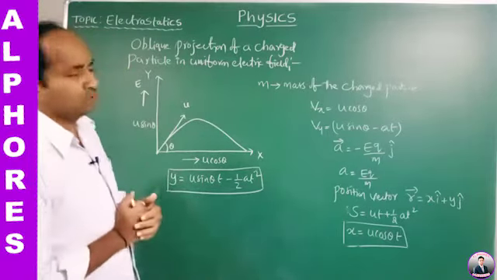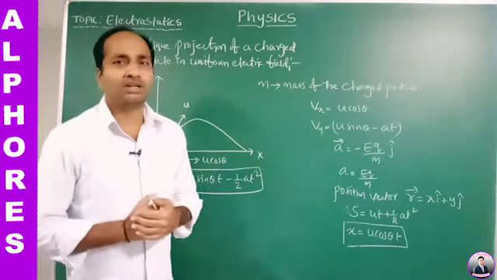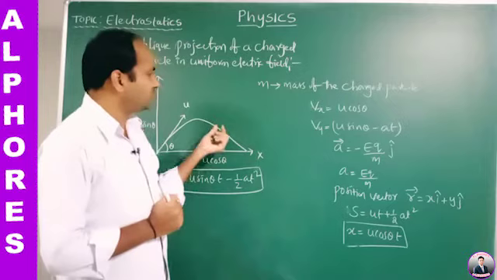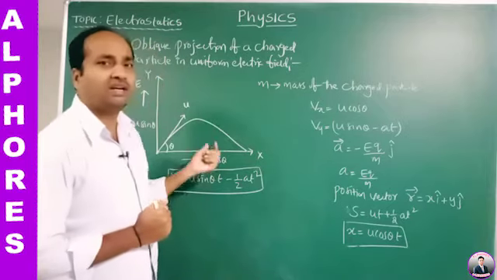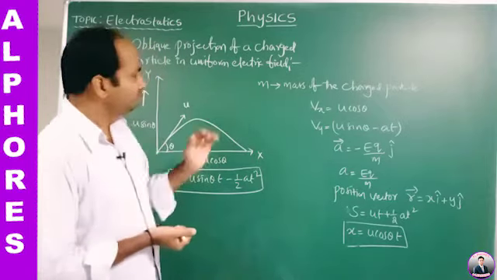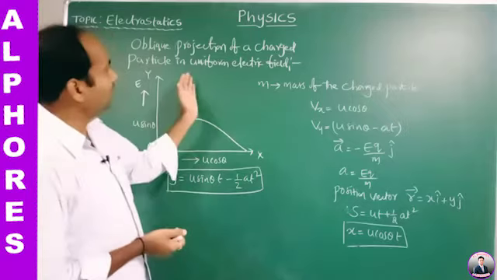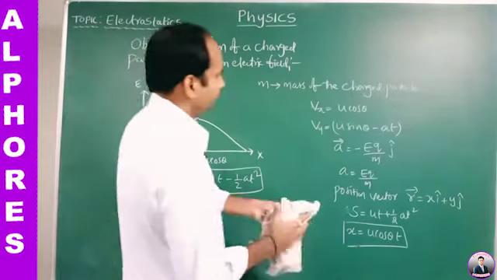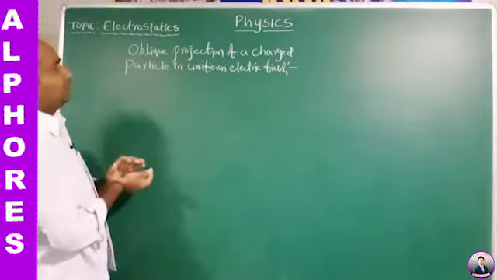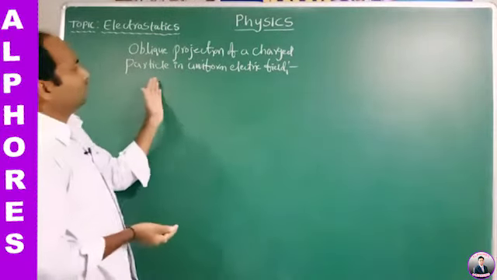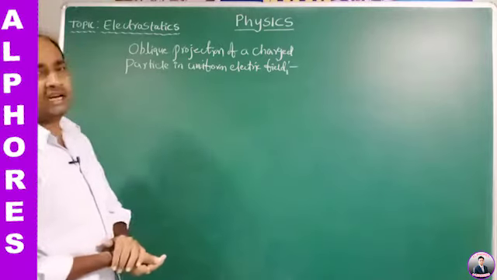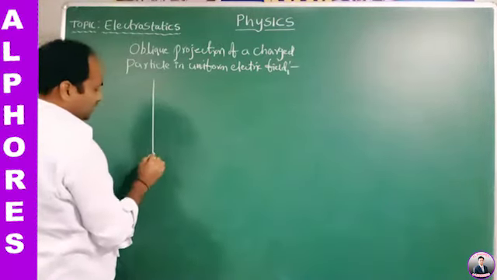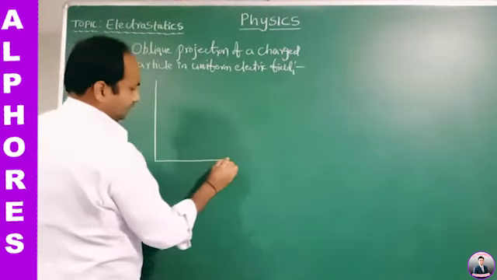Okay, suppose the same charged particle is projected in a space where there is an electric field and a gravitational field also present. Combined oblique projection of the charged particle in combined electric and gravitational field. Same, consider an xy plane.